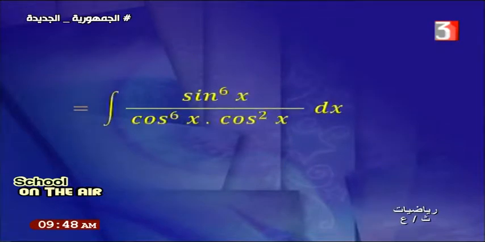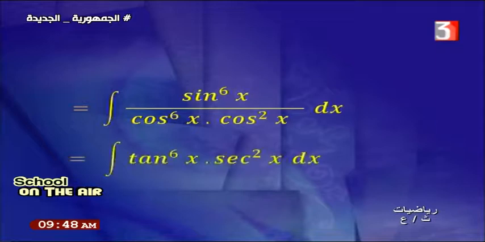Now, the integration of sin^6 x over cos^6 x cos^2 x dx equals the integration of tan^6 x sec^2 x. Now we have the function tan x all to the power 6, and this function is multiplied by the derivative of the function inside the bracket.